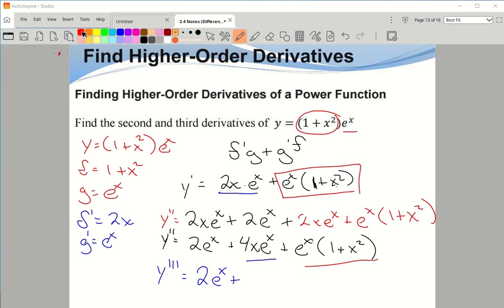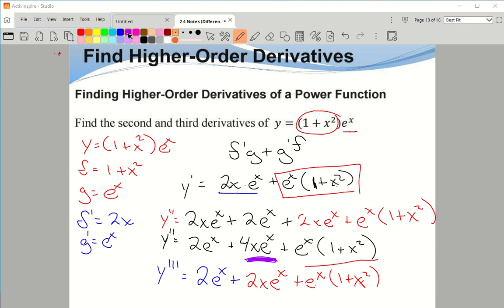So I'm going to rewrite that from red, which was 2x e to the x plus e to the x, parentheses, 1 plus x squared. Actually, let me change up this color right here, because I still have to do this one here. I still have to do that one.